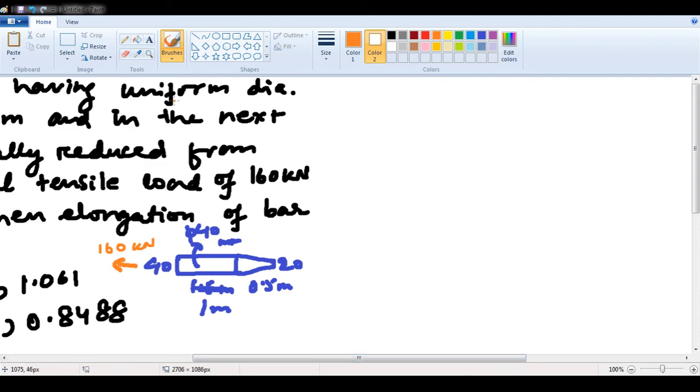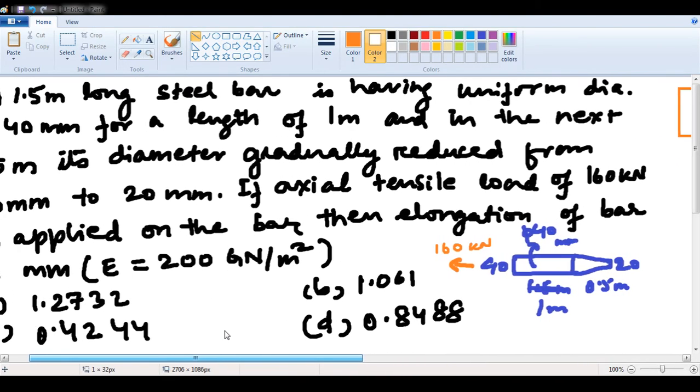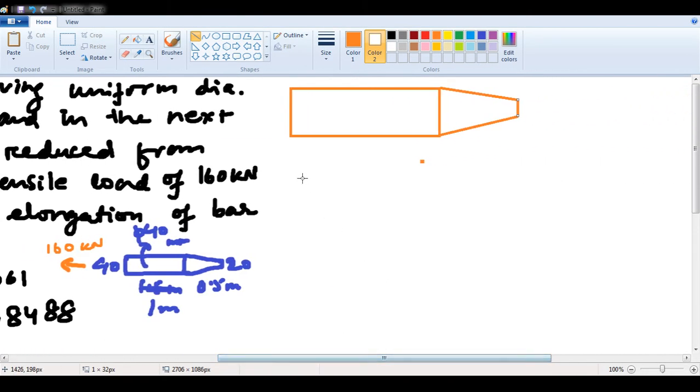Now this one I'll draw more properly. This is what it's telling, and it's telling that this is gradually reducing. This is what it is talking about, right? A 1.5 long steel bar, so this is 1.5.